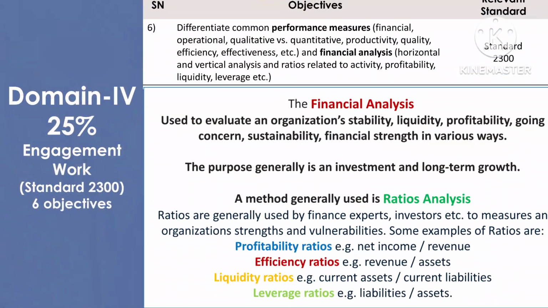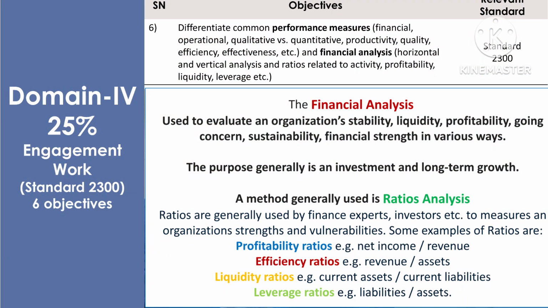Financial analysis is used to evaluate an organization's stability or liquidity, profitability, going concern, sustainability, and financial strength in various ways. The purpose generally is that investment and long-term growth are assessed, and how well they are performing. A method generally used is ratio analysis, for example.